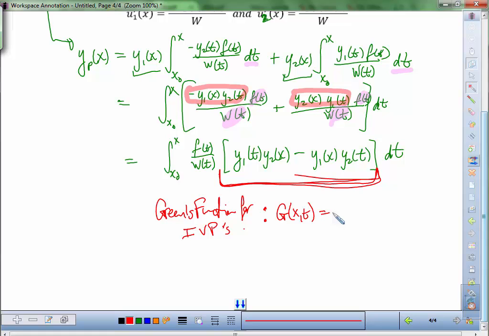So we'll put x and t as the arguments, and it's equal to this big mess. Okay? So apparently this is going to help us solve initial value problems.